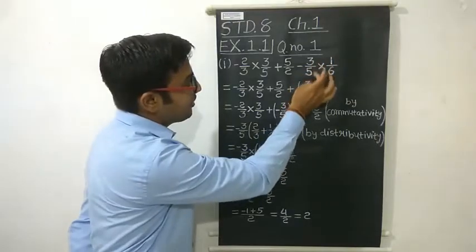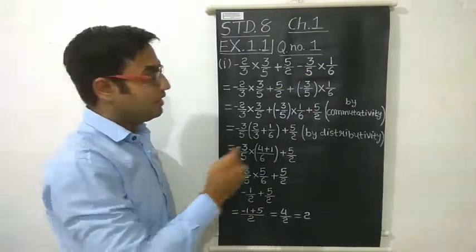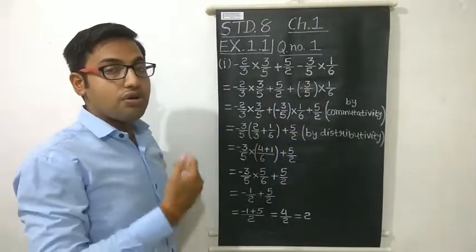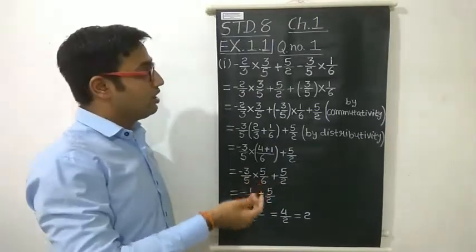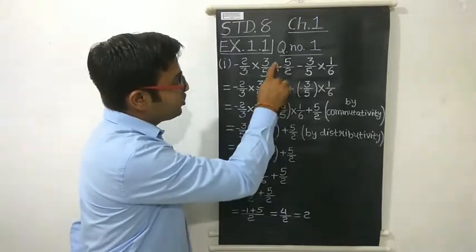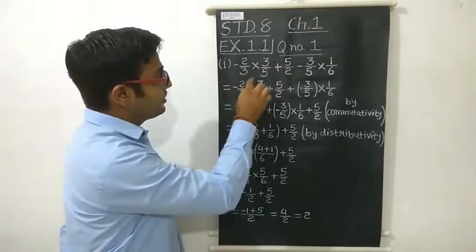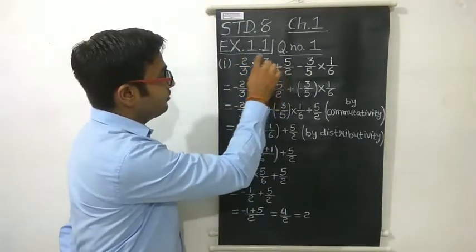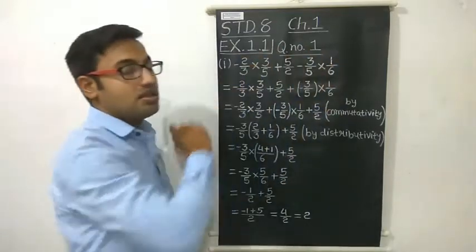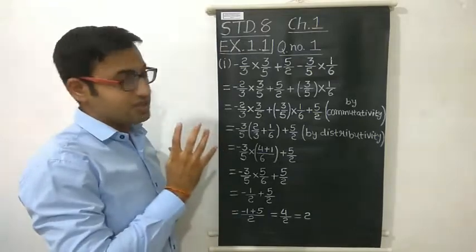Similarly, 3 upon 5 and 1 upon 6 is also one term, not two different terms. So how are terms separated from each other? Terms are separated only by addition and subtraction signs. That is why this whole thing is the first term, this is the second term and this is the third term. So it is clear now what a term is.